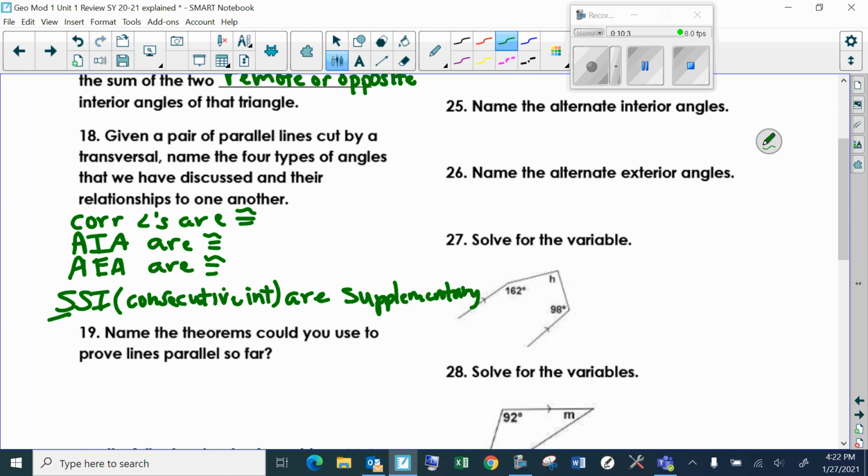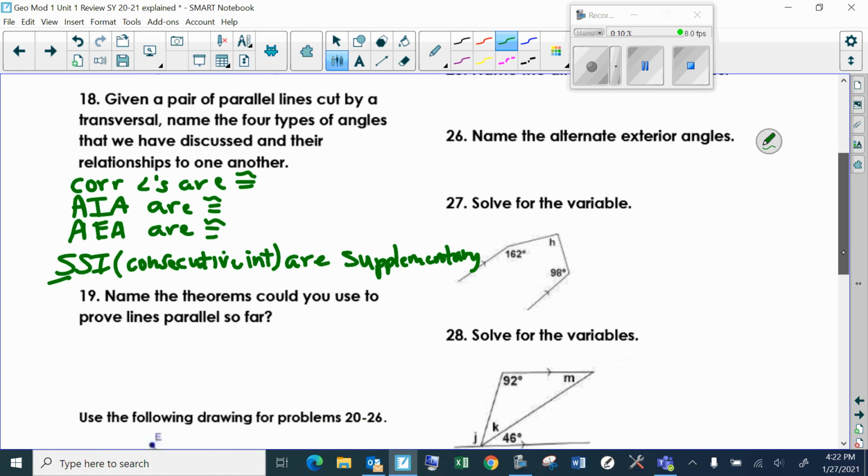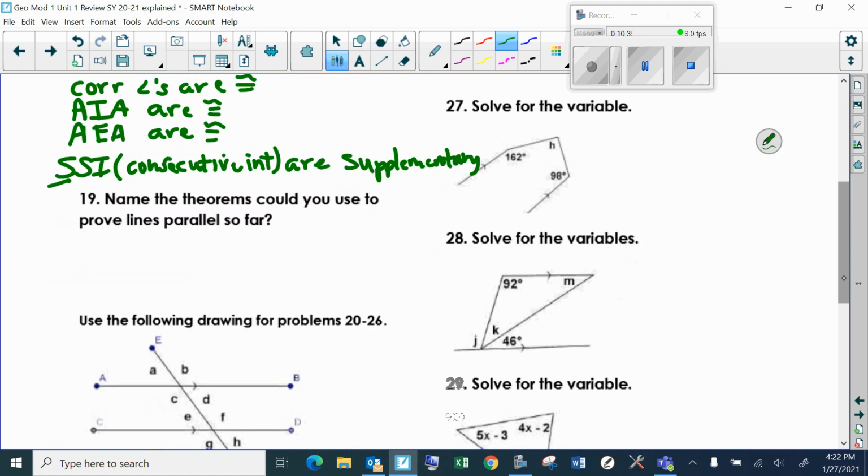Name the theorems that you could use to prove lines parallel so far. Again, this is on your DCAS sheet as well. You got to have this memorized. It's just the converse of these first 4 up here. So converse, I'm just writing CONV of AIA theorem. Converse of AEA theorem.